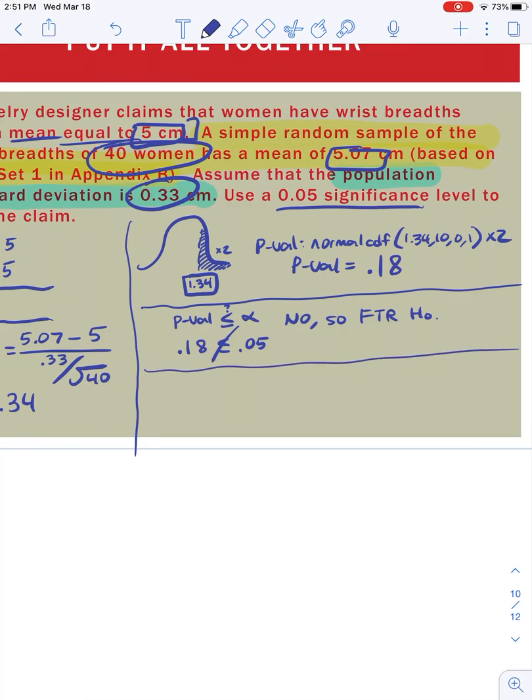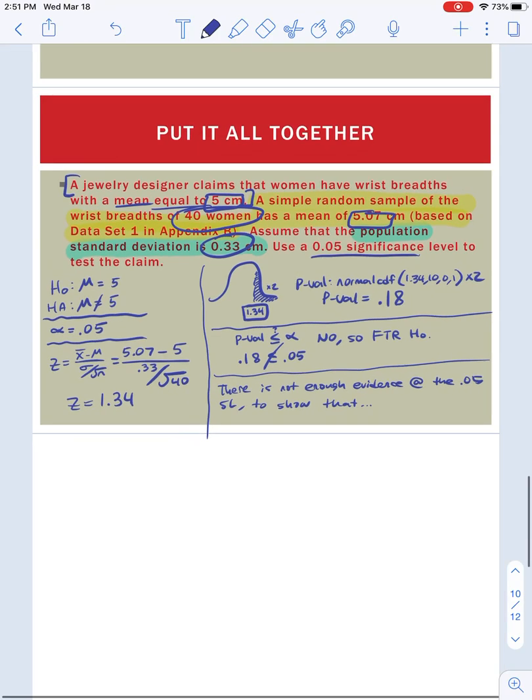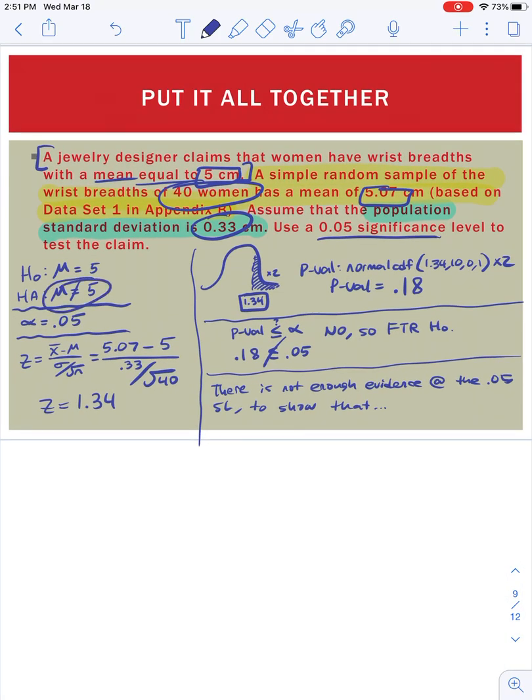So now we're going to write out the script again. There is not enough evidence at the 0.05 significance level to show that, and remember now we put it into words. What's the alternative hypothesis? So it's not the claim. We don't talk about the claim here. We talk about the alternative.